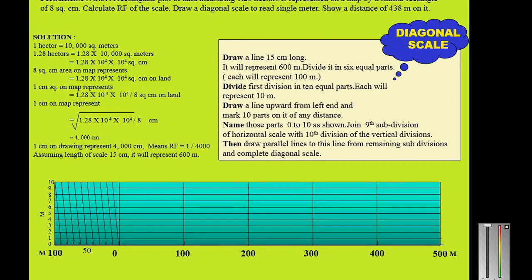You can see that, and our aim is to mark 438 meter on it. So you can take 400 meter from the main scale and 30 meter from the secondary scale and 8 meter from the diagonal scale. So this is the 438 meters and the RF and the diagonal scale showing meters as shown in the figure.